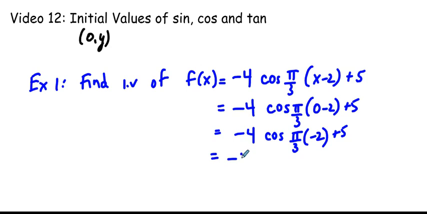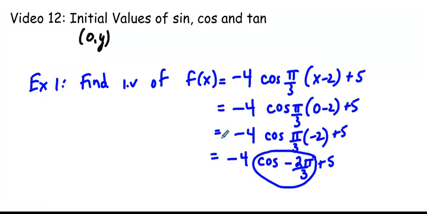So this is -4 cosine of -2 pi over 3 plus 5. Now, I want to show you an exact value. Technically, yes, you can use your calculator in radians, we're always going to be using radians, but I want to show you an exact value. So what we need to do now is evaluate this, right? So how do we get rid of this? We need to evaluate it.